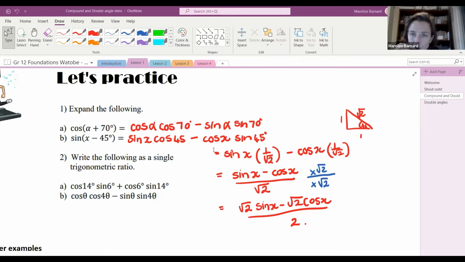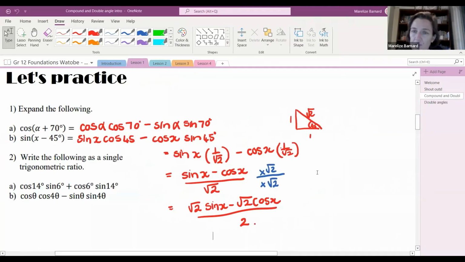Please explain the second step for me. Okay, so we just take the cos 45 because it is a special angle, and we use our special angle to write it as 1 over root 2.